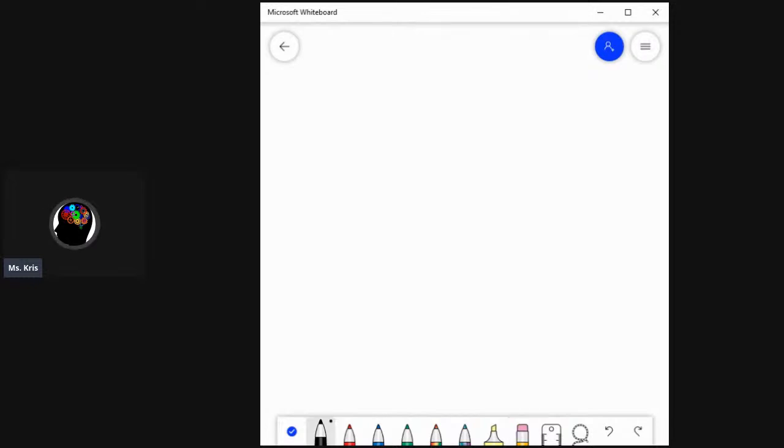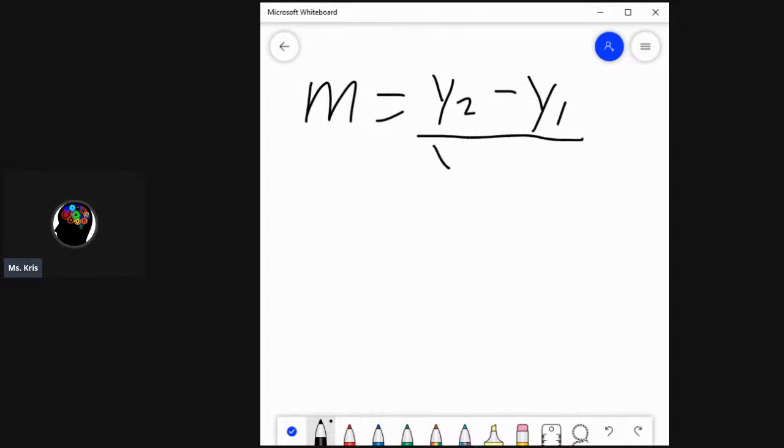Now, next part of our lesson, we are going to learn how do I find my slope in case I have 2 points. Well, slope has its own formula such as m equals the second y minus the first y over the second x minus the first x.